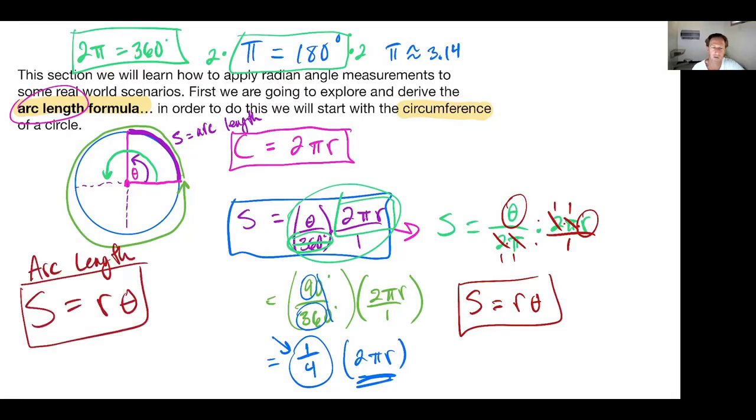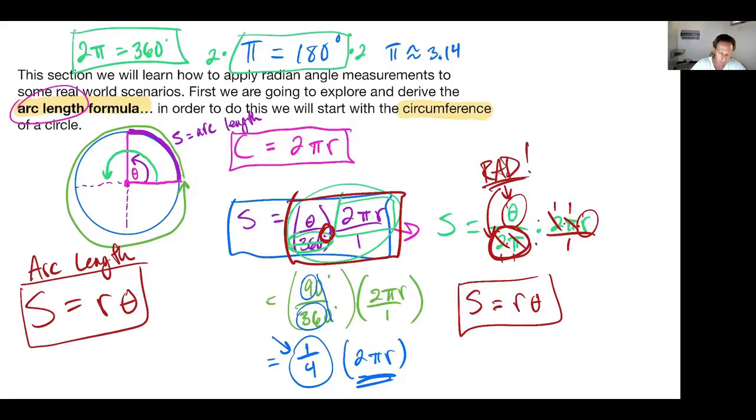But we have to make sure that we realize that that cleaned up simplistic version only works when we are not using degrees, but what angle measurement? It has to be in radians.